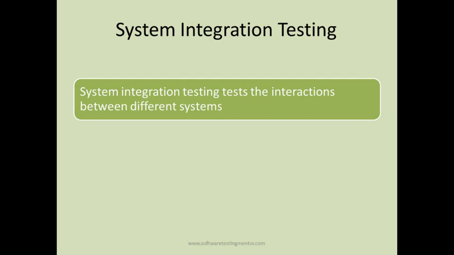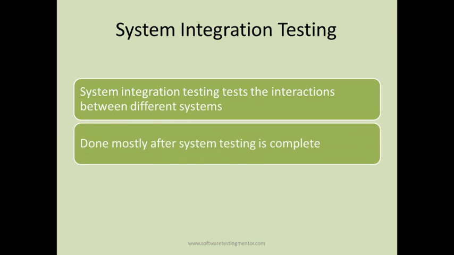After unit testing, component integration testing is done, and once component integration testing is done and you have the software available as a build which can be installed on a system, system integration testing comes into the picture. So system integration testing tests the interactions between different systems. It is done mostly after system testing is complete.